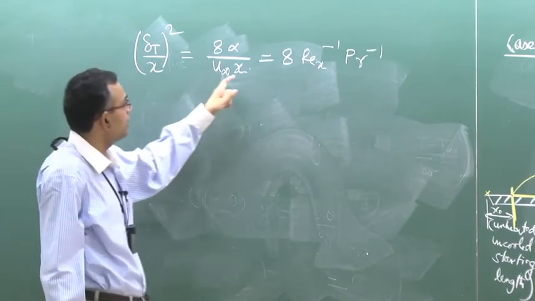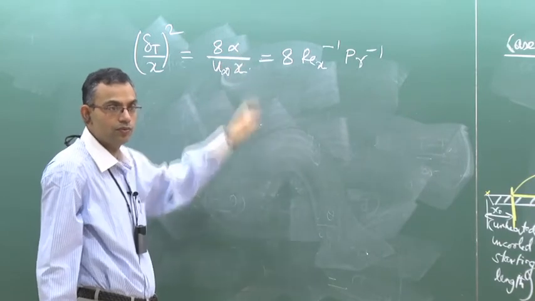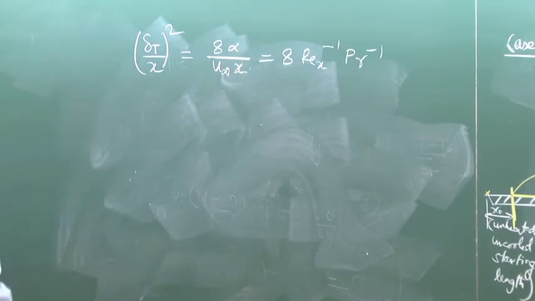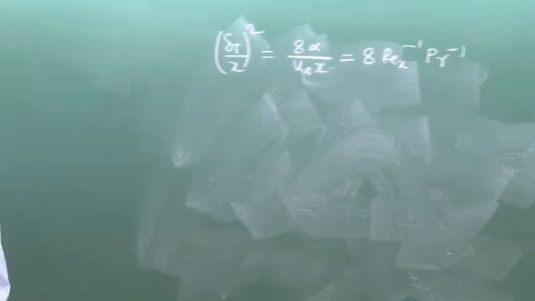Because this is u infinity x by nu into alpha by nu. Alpha by nu is 1 by Prandtl number. Okay. So now our objective is to get the Nusselt number.